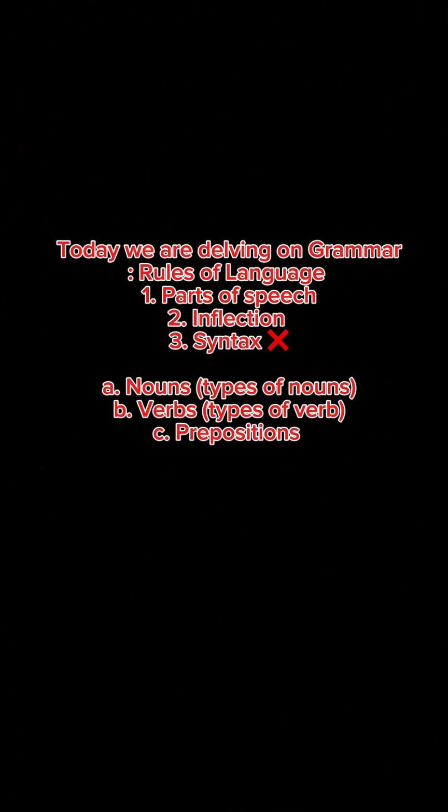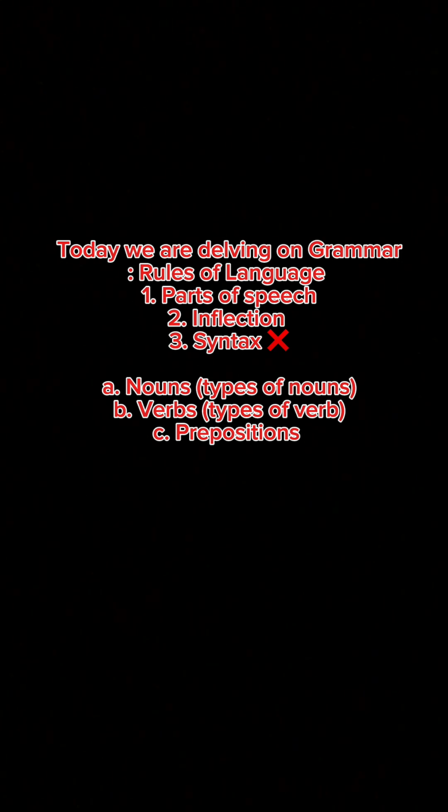Some say auxiliary verbs are helping verbs, or helper verbs. So what are auxiliary verbs? They are verbs that express the tense, mood, or voice of the verb. That is why we say they are helper verbs.